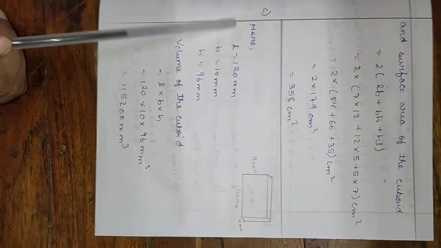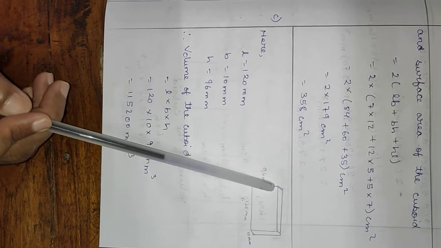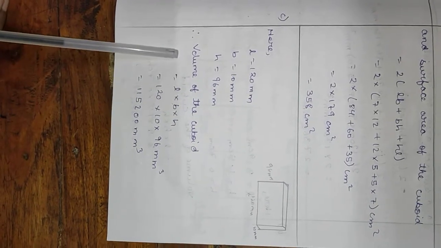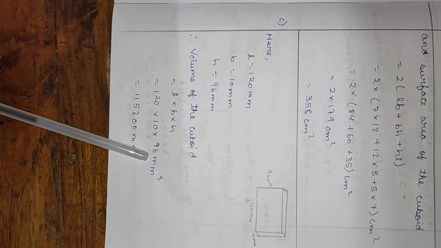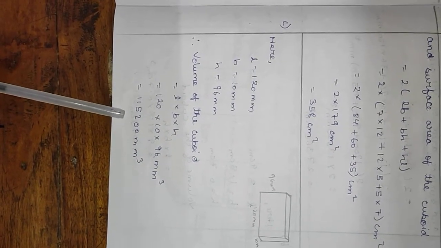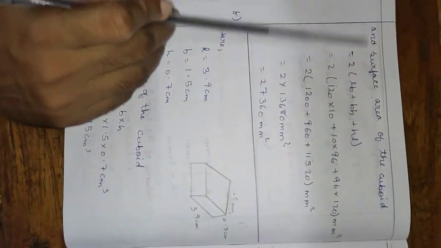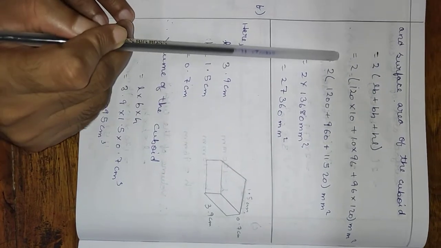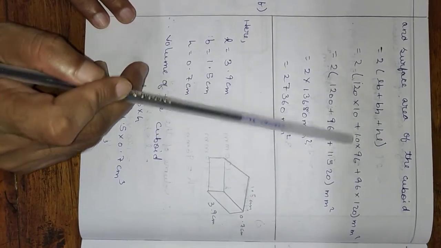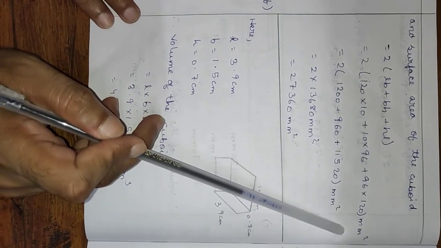Question number C. Length 120, 10 millimeter is breadth and 96 millimeter is height. So volume of the cuboid L into B into H, 120 into 10 into 96, 115200 millimeter cube. Same, surface area of the cuboid 2 into (LB plus BH plus HL), 2 into (120 into 10 plus 10 into 96 plus 96 into 120) millimeter square.